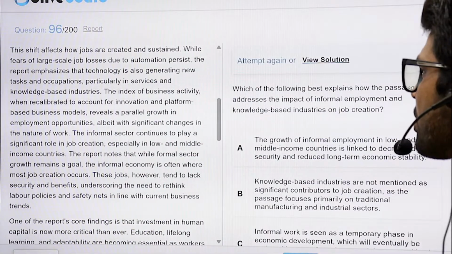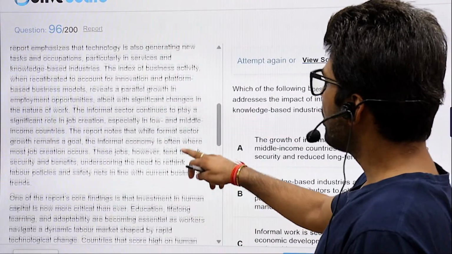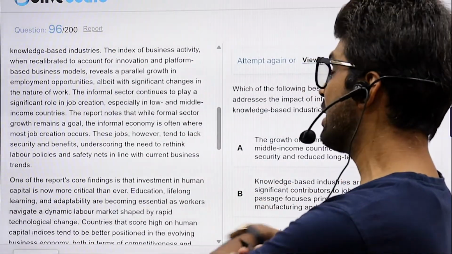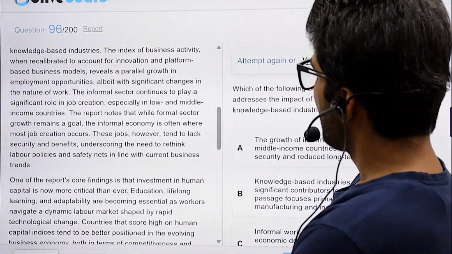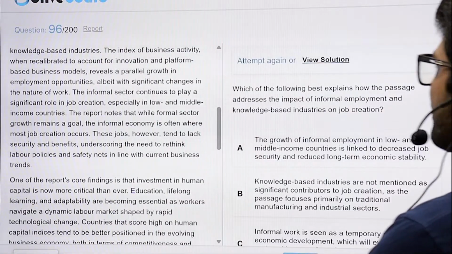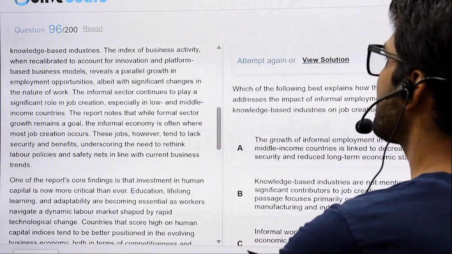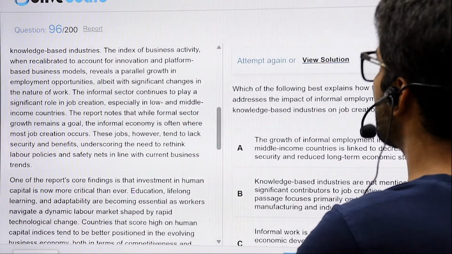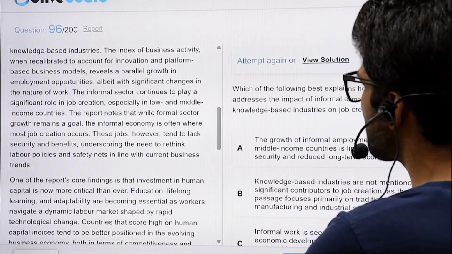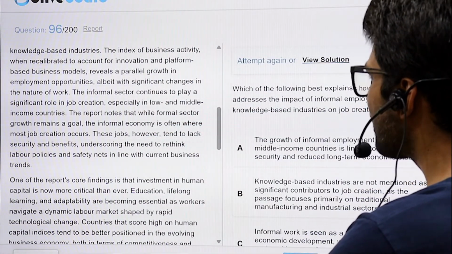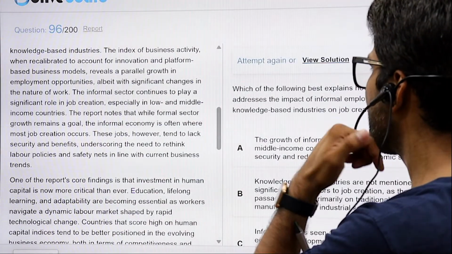in employment opportunities, although with significant changes in the nature of work.